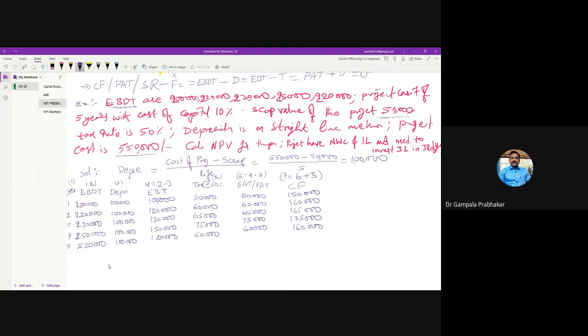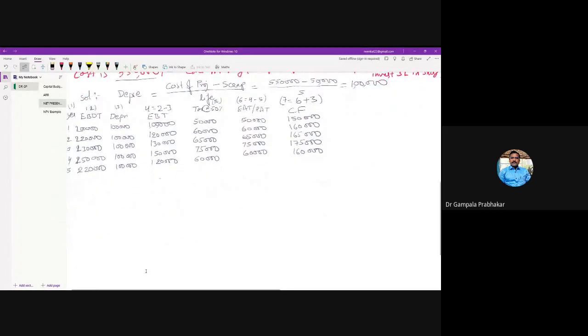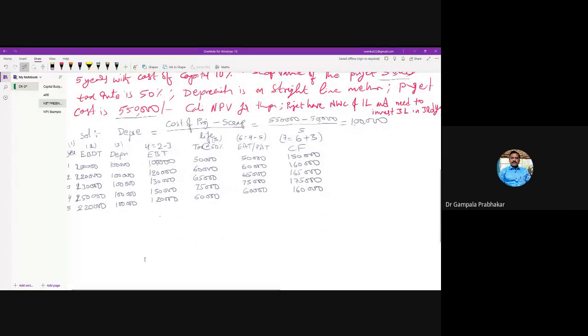So after calculation of cash flows, now coming to the NPV table, right?